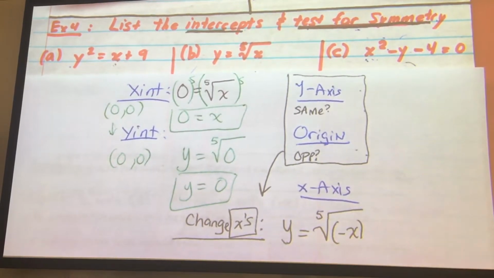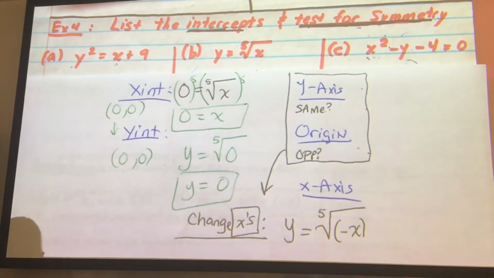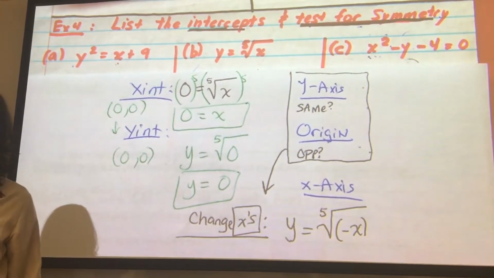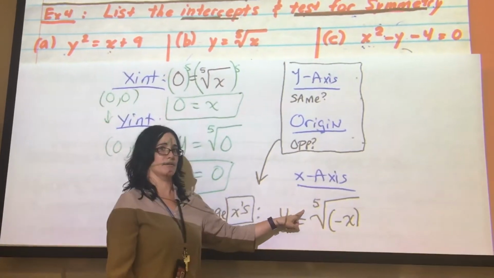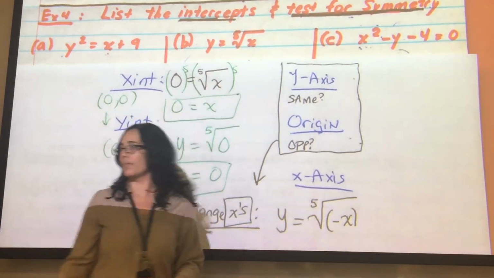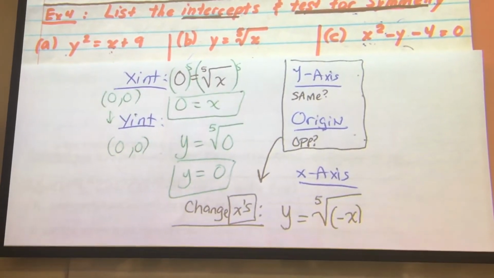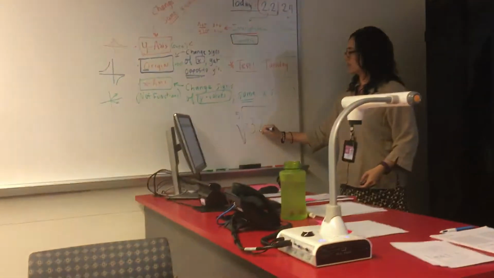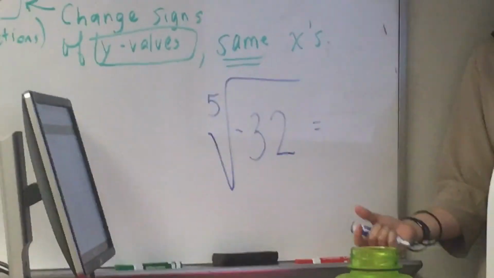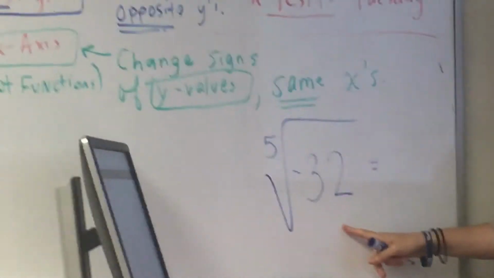Well done. Now, if you're not sure what that means, first of all, some of you might be nervous because you don't like negatives under radicals, okay? But negatives are okay under an odd index. Remember? For example, let me show you my favorite one here. If I had the fifth root of negative 32, that's saying, is there a number that multiplies by itself 5 times to give me negative 32?